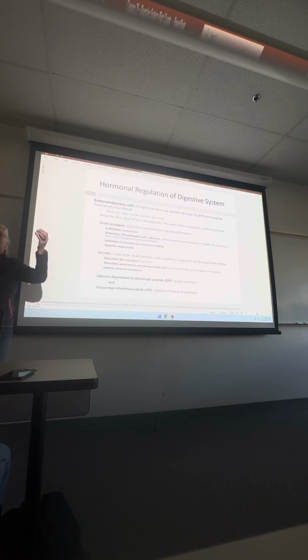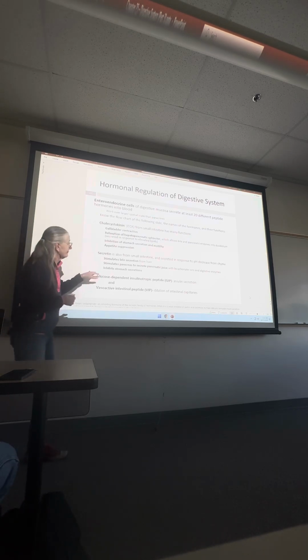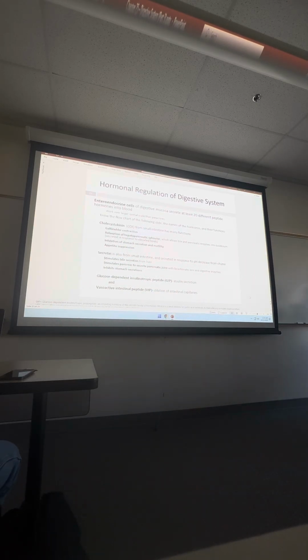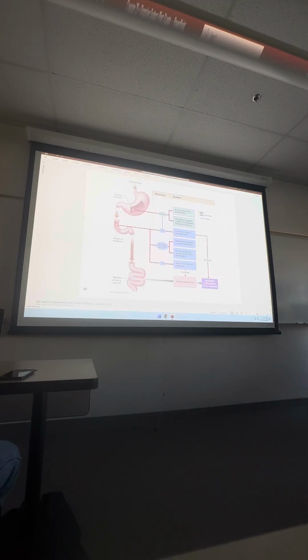All of those capillaries are going to merge and form the superior mesenteric vein, inferior mesenteric vein, and all of that nutrients is going to be delivered to the liver by the portal vein. So we want to remember these hormones: cholecystokinin, secretin, GIP, and VIP.